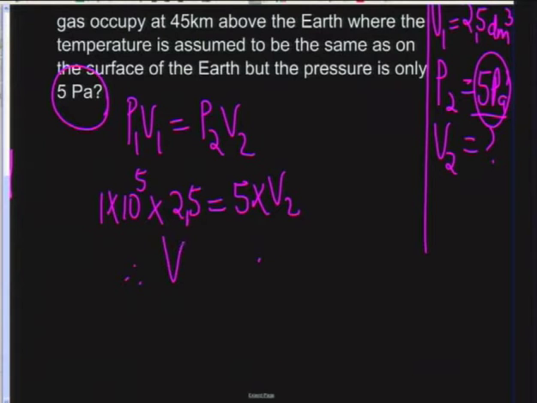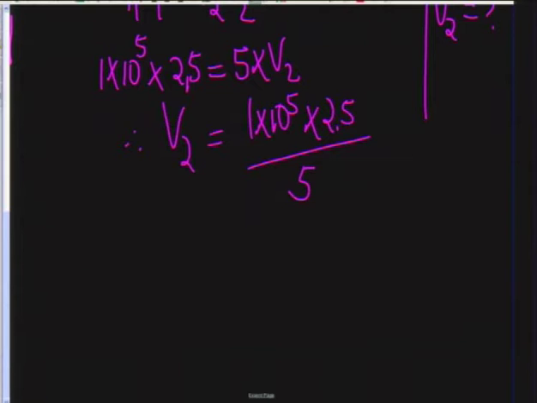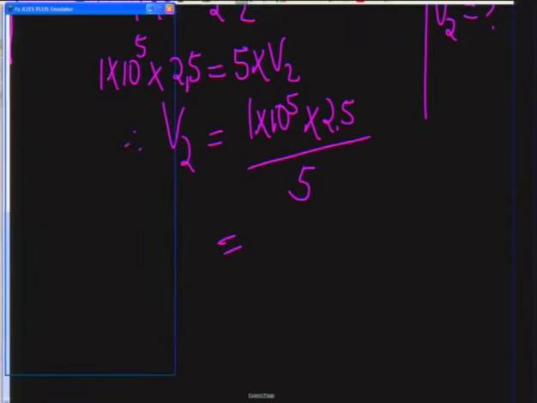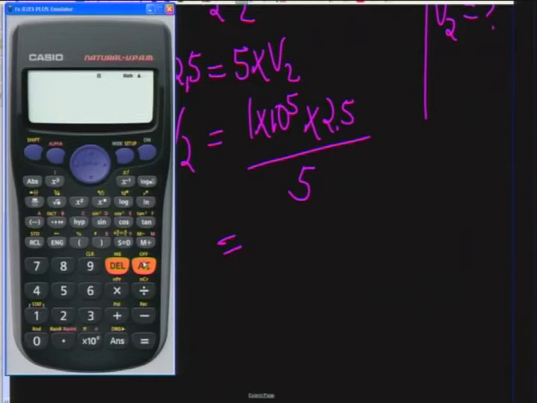Now, what will V2 be? V2 will be equal to 1 by 10 to the power 5 pascals times 2.5 divided by 5. And what will this work out to be? Quickly, 1 by 10 to the power 5 times 2.5 divided by 5.